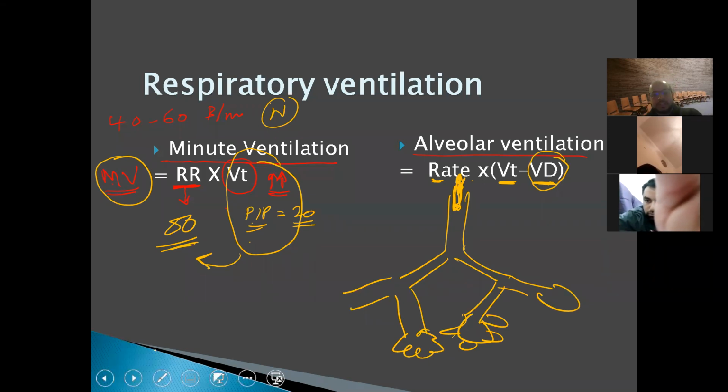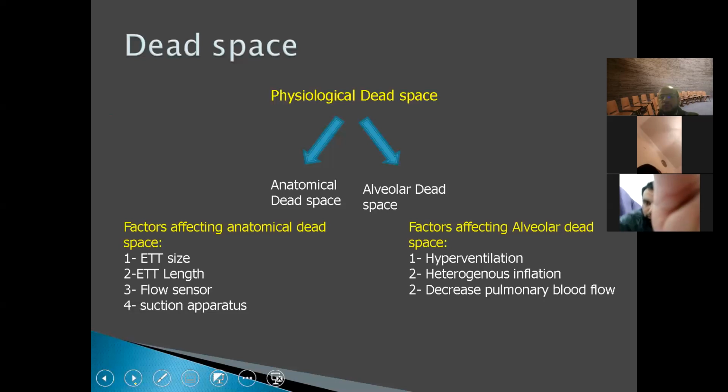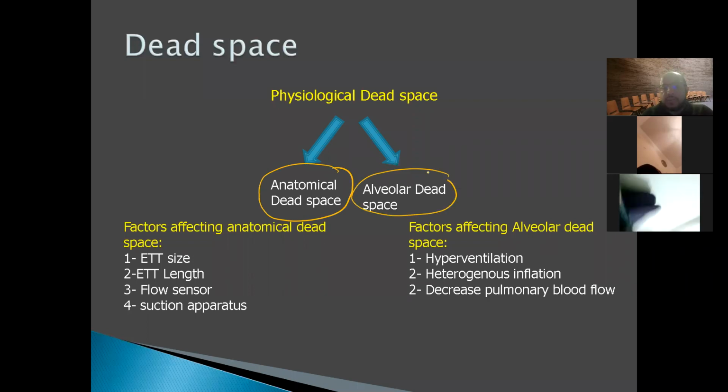So what's the dead space? We have two parts. I'm talking about physiological dead space. We have anatomical and we have alveolar dead space. What are the factors that increase your anatomical dead space?